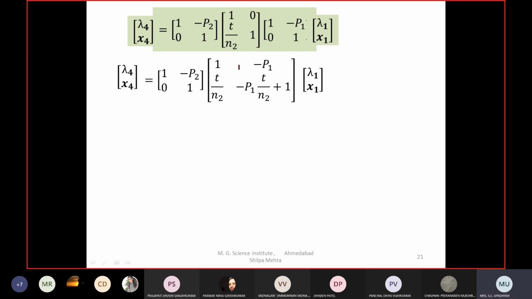So our matrix is like this: 1 minus P1 T upon N2 and minus P1 T upon N2 plus 1. Again we multiply these two matrices. First row first column, first row second column, second row first column, and second row second column.